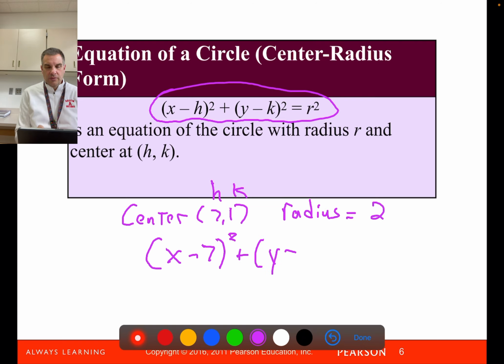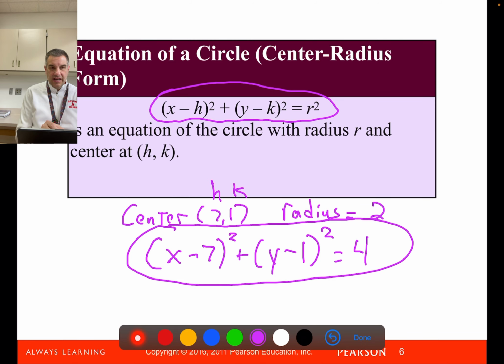The k value is my y value at the center, so (y minus 1) squared equals 2 squared, because it's the radius squared. But 2 squared is just 4. So that's the standard equation for a circle with center at (7, 1) and a radius of 2.